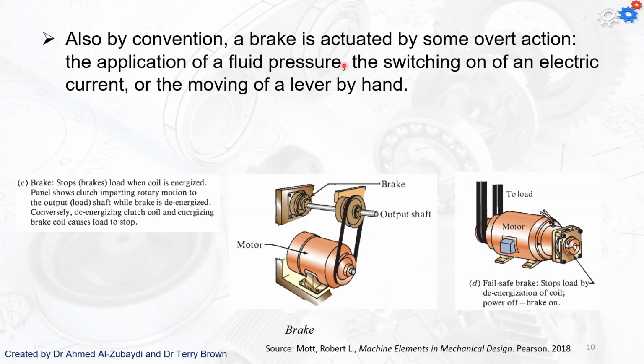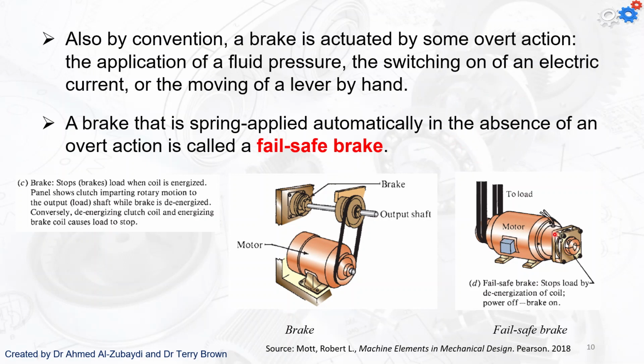Also, by convention, a brake is actuated by some overt action, so the application of fluid pressure, or a lever, or you pull a handle, or an electric current if it's an electrically energized brake. If it is an electrically energized brake, what we'll often do is have a fail-safe. So what that means is, if the power is turned off, then the brake is engaged, so nothing can happen.